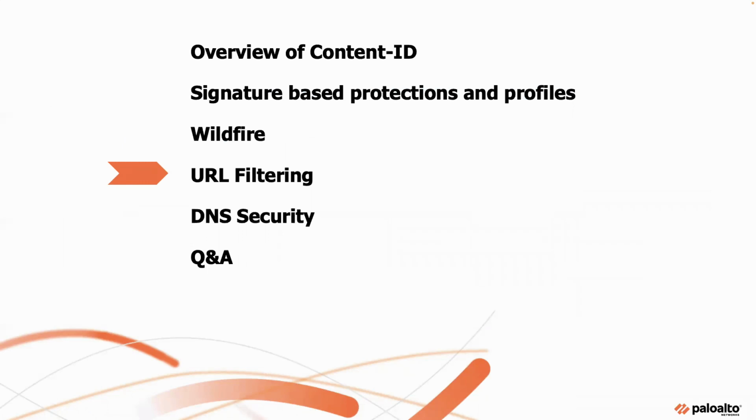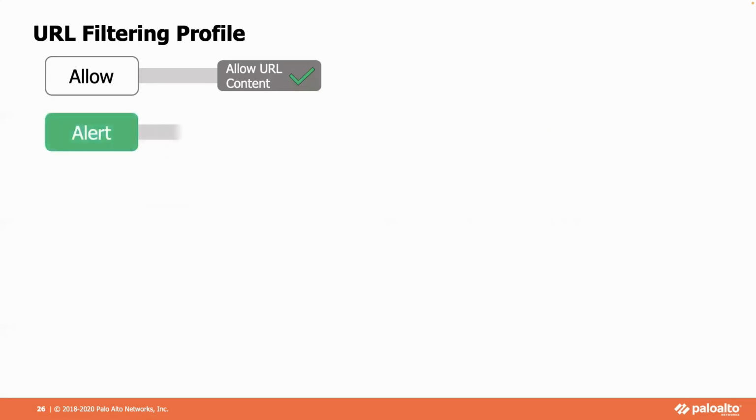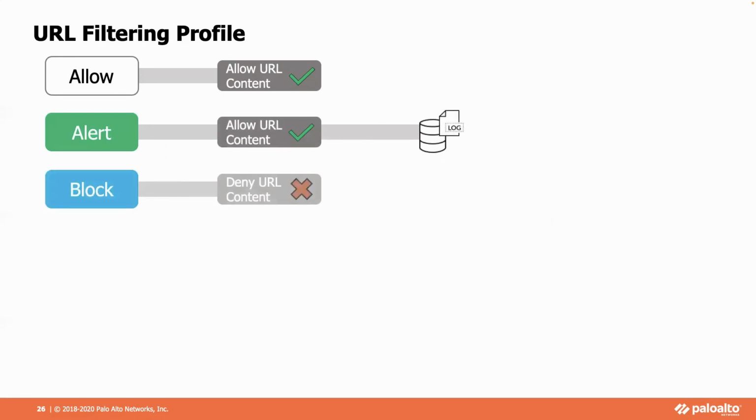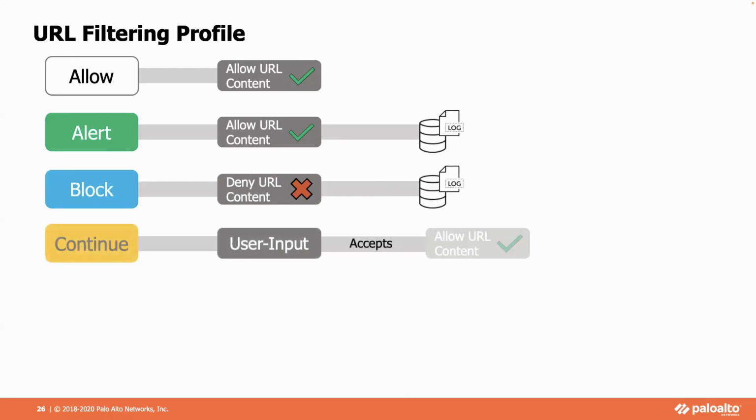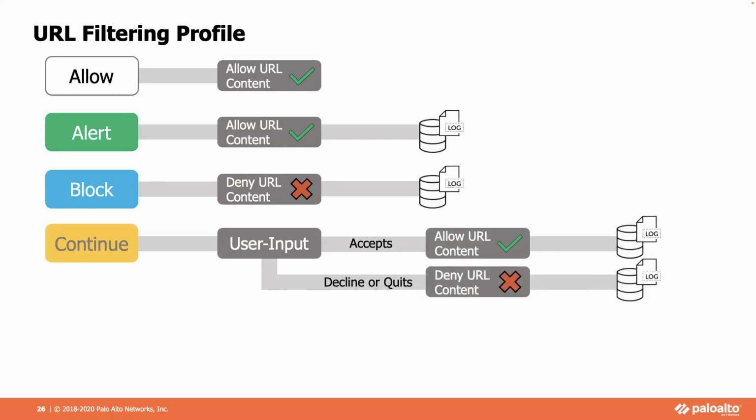URL filtering allows us to look at different URLs, different URIs, everything out there, and use inline machine learning and the URL filtering cloud, or your own categories that you might create, and allows us to have several different actions.